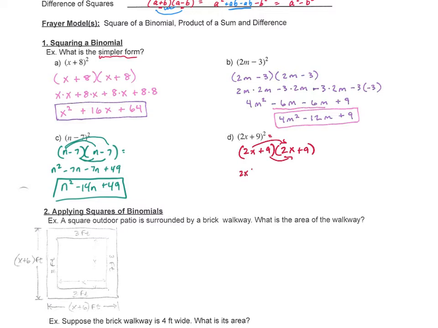So I have 2x times (2x + 9) plus 9 times (2x + 9). When I do my distributive method, I get 4x squared plus 18x plus 18x plus 81, and that becomes 4x squared plus 36x plus 81. There you go.